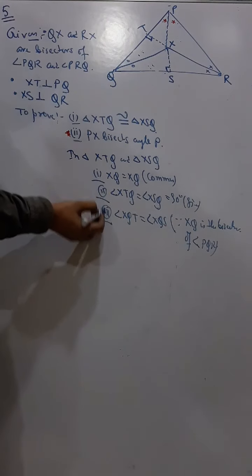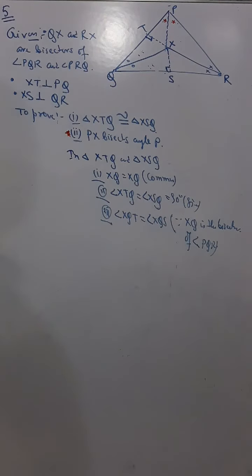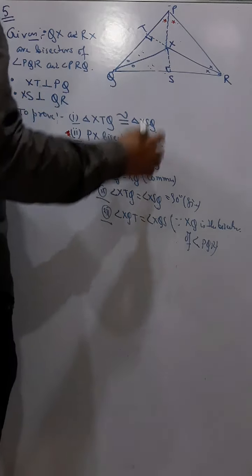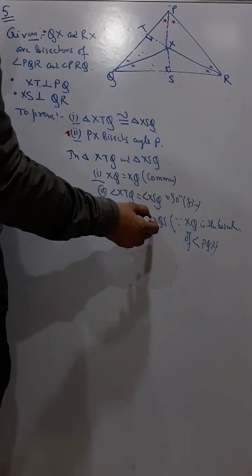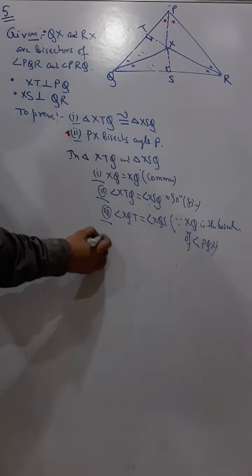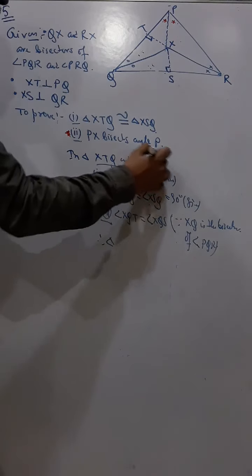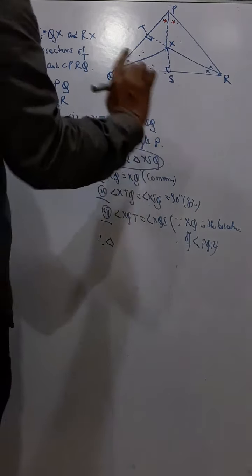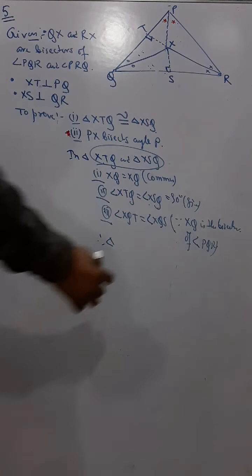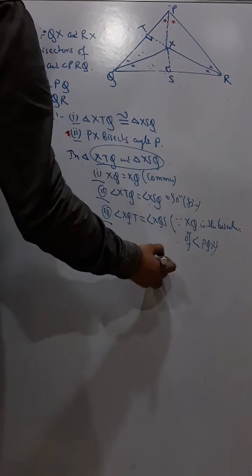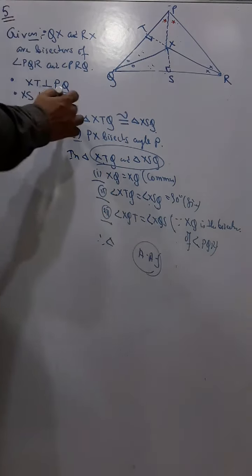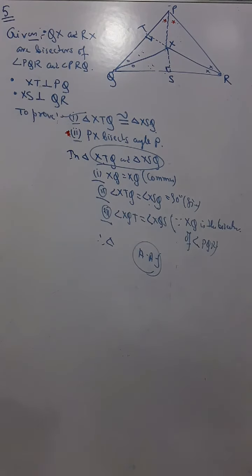So we got 3 points, right? So that means we can say it is angle, side, right? Therefore triangle XTQ is congruent to triangle XSQ, and the criteria will be what? Angle side. Okay, so the first part is proved.